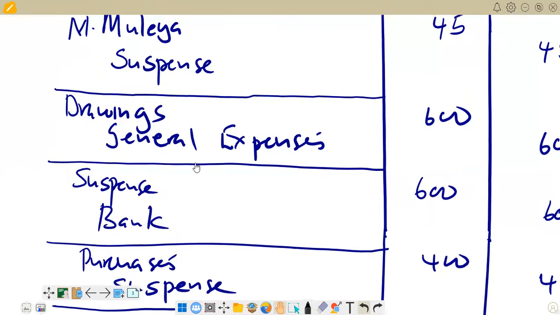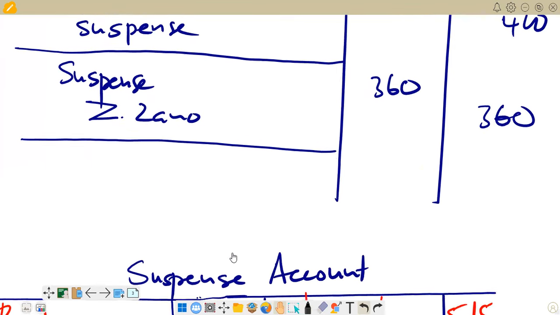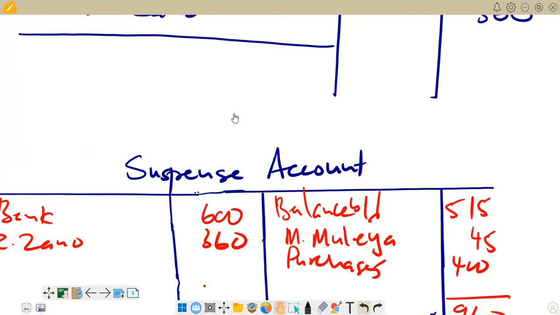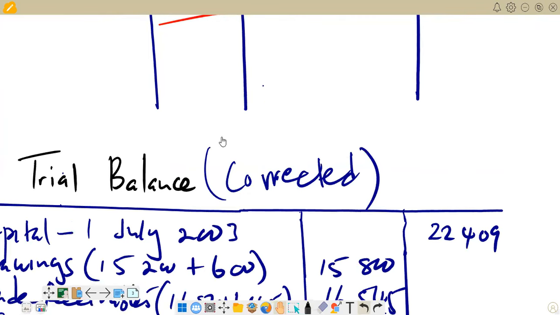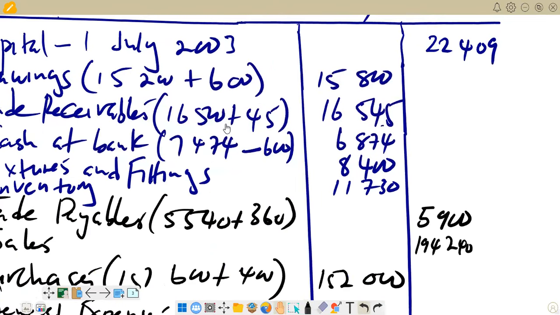Right, it's here. We credited general expenses here with 600, and general expenses is an expense. So it's got a normal debit balance. So when you credit it, we are doing the opposite. We are subtracting. So it's a negative 600. So we can go there and make that adjustment. All right.